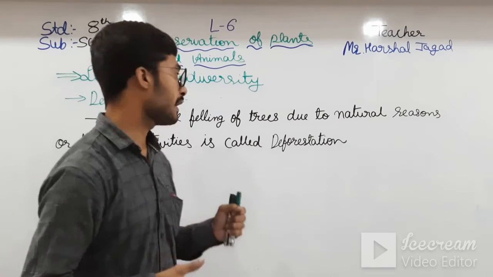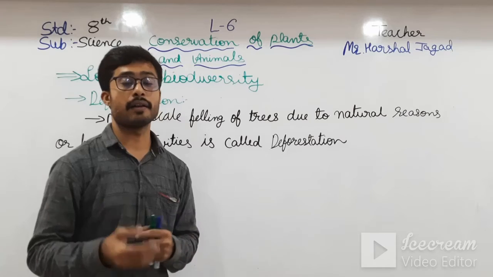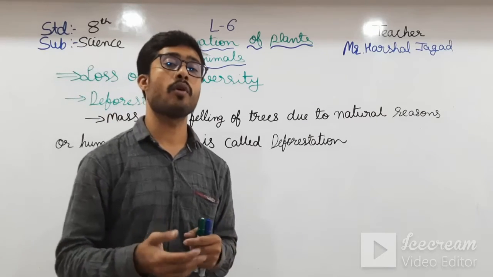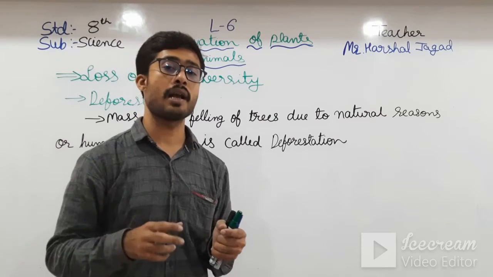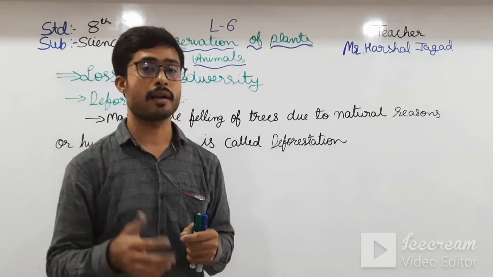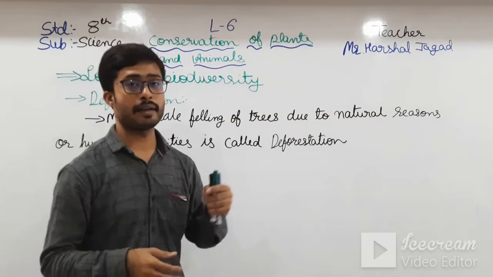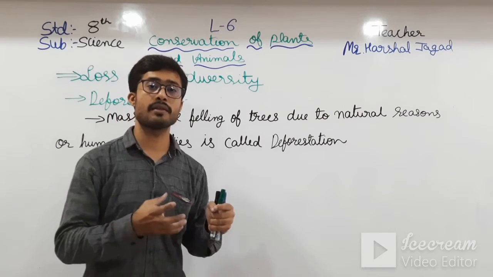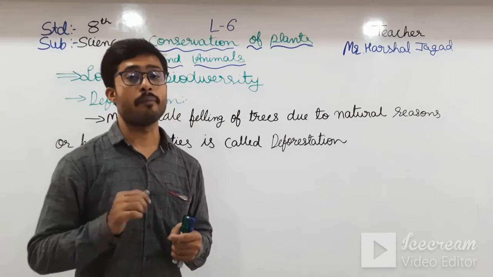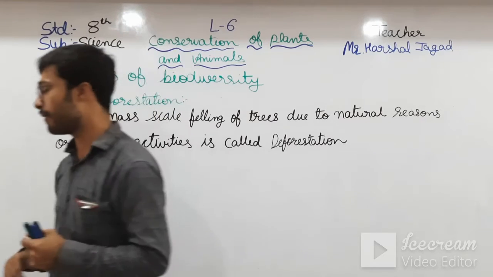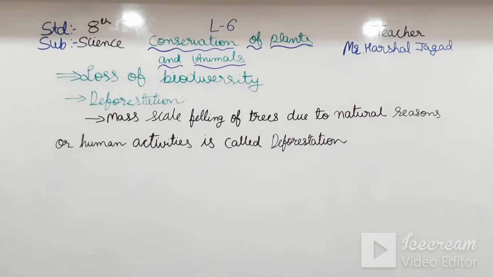Why? Because of deforestation. If we plant more and more trees, okay students, then what will happen? They will take the carbon dioxide and give us oxygen. But nowadays we are cutting the forest area which gives us oxygen. Due to this, there is also a loss in biodiversity.